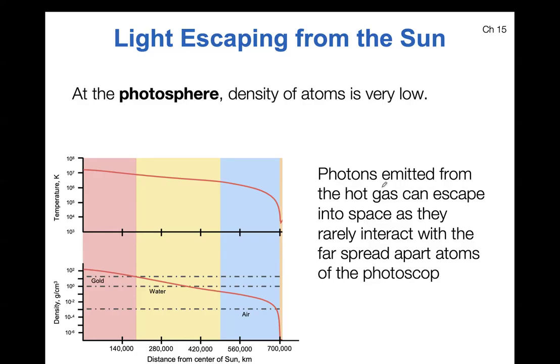That means the only way for heat to move through such a low-density environment, the near vacuum of space, is to go back to radiation. So the photons escape into space, emitted from the hot gas, and they radiate out.